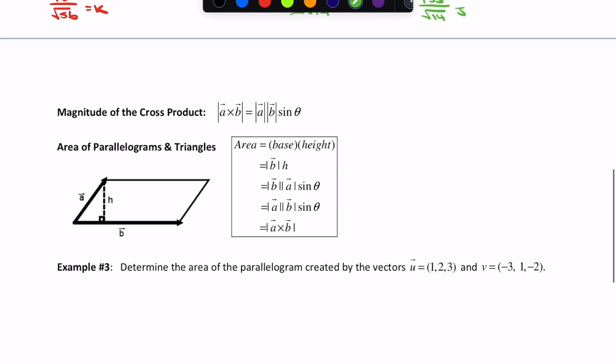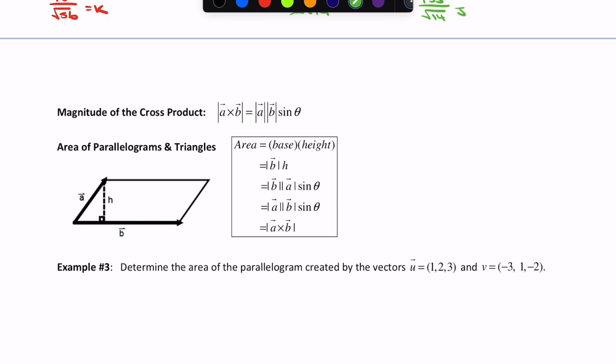Okay, so the next thing we'll look at is the magnitude of the cross product. The magnitude of vector A times vector B is equal to the magnitude of A times the magnitude of B sine theta.